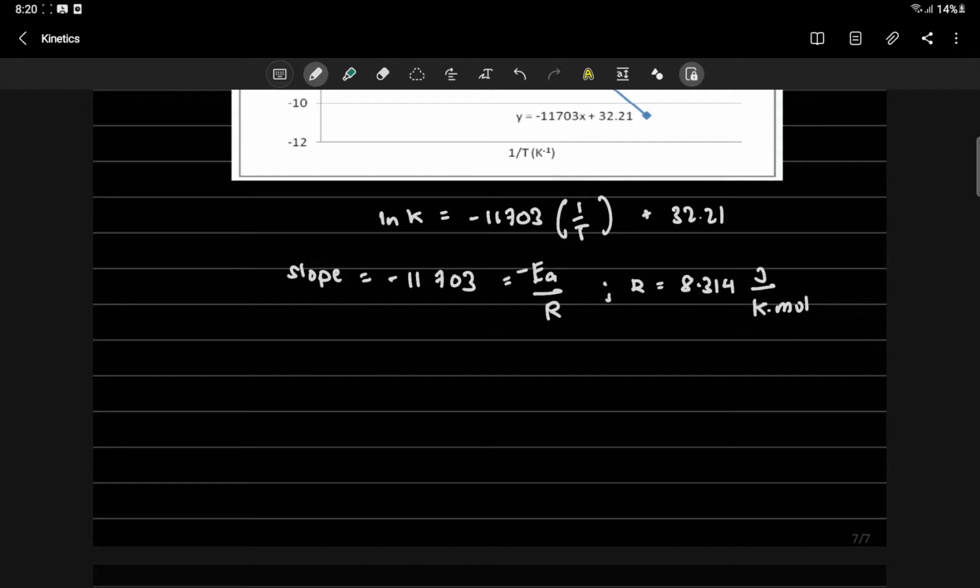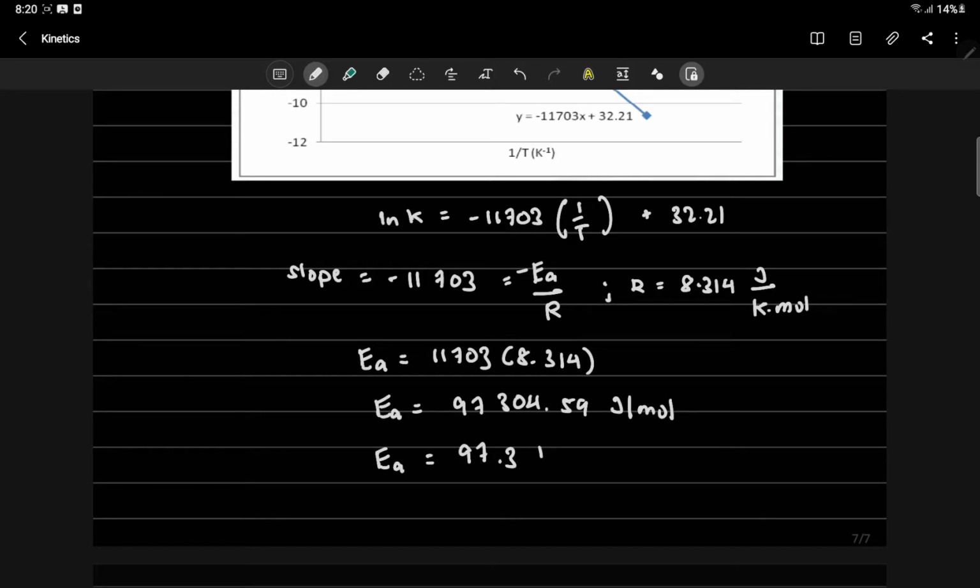So therefore, masosolve natin yung Ea or the activation energy. It's simply 11,703 times 8.314, and we will get 97,304.59 joules per mole. I'd like to convert this one to kilojoules per mole. So approximately 97.3 kilojoules per mole. So this is our activation energy.